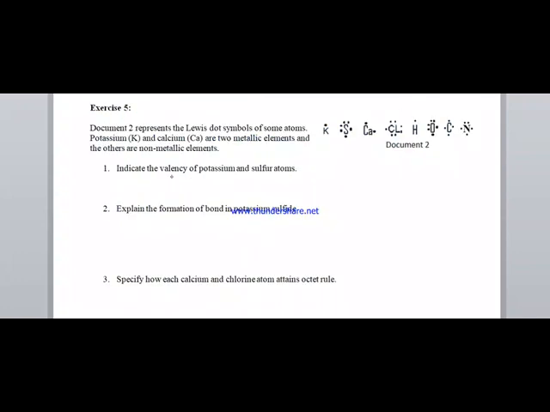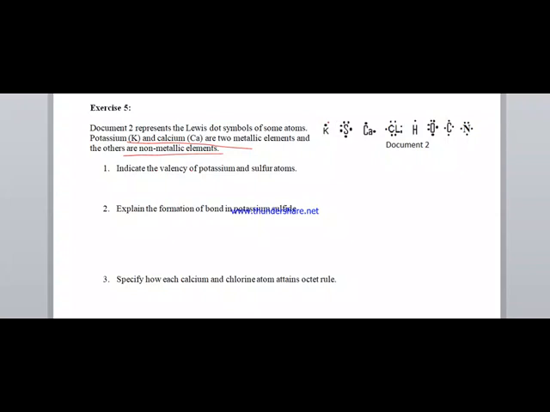In exercise 5, we have a document presenting the Lewis dot symbols of different elements. Potassium and calcium are 2 metallic elements, and the others are non-metals. Indicate the valency of potassium and sulfur, without reasoning.